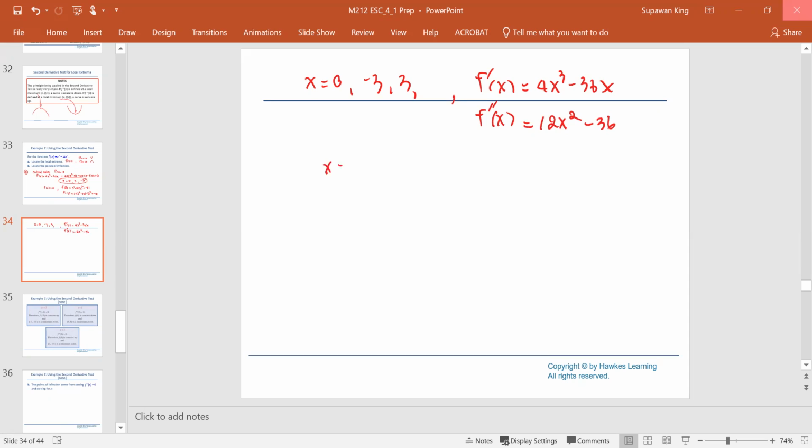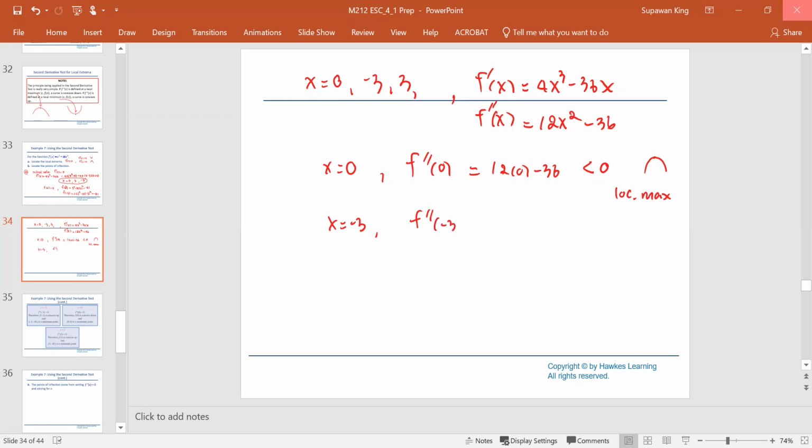So at x equals 0, f double prime at 0 equals 12 times 0 minus 36, which is less than 0. The graph will be concave downward, so x equals 0 gives you the local maximum.